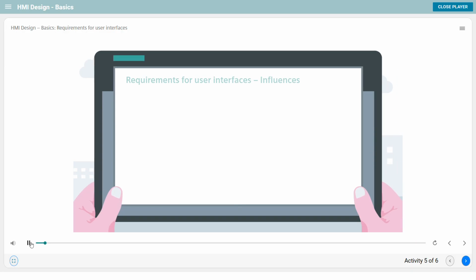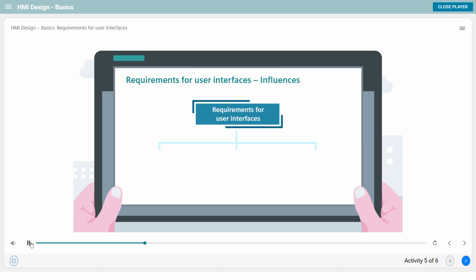Let's start by taking a look at the basic requirements for designing a user interface. In this chapter, as in the ones before it, it's a matter of taking different perspectives into account for designing the optimal user interface and basing your decisions on the fundamental principles you learned in previous chapters, including the design aspects, design as a process, the company's perspective, and the user's perspective from the chapter on why is design so important.